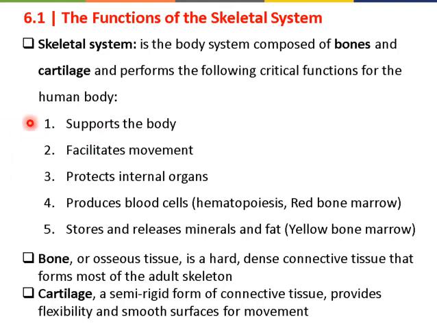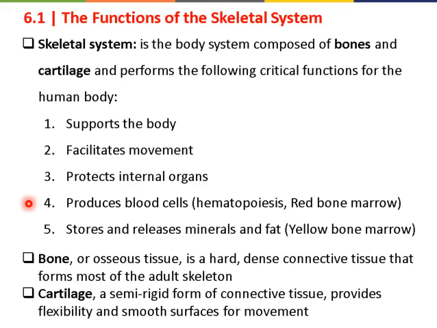First of all, it's providing us the support, and it facilitates the movement and protects the internal organs, such as the brain, protected by the skull, the spinal cord protected by the vertebral column, heart and lungs protected by the rib cage.